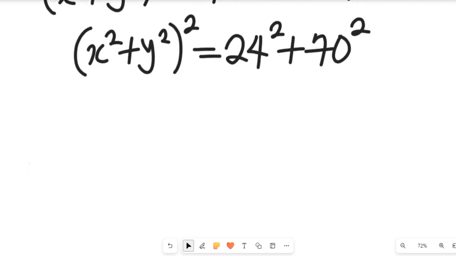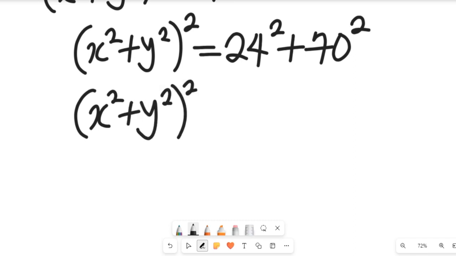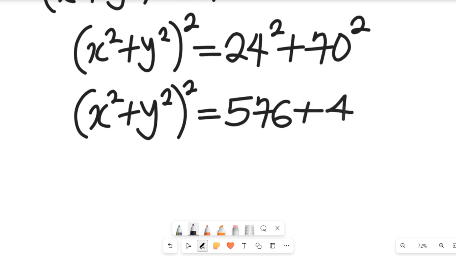So if we expand this further, x squared plus y squared all squared is equal to 24 squared, which is 576, plus 70 squared, which is 4900.